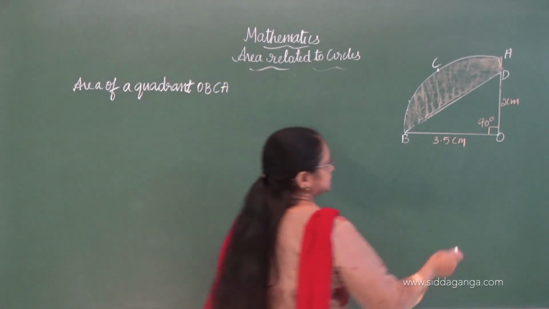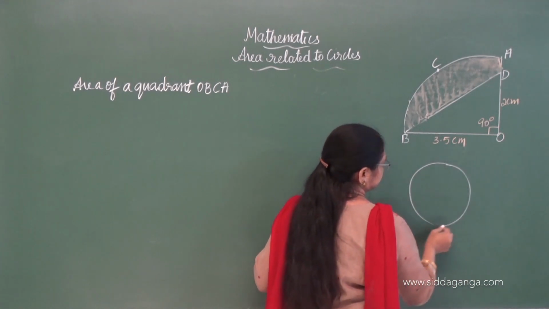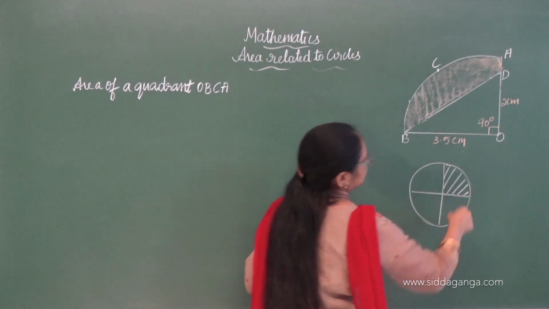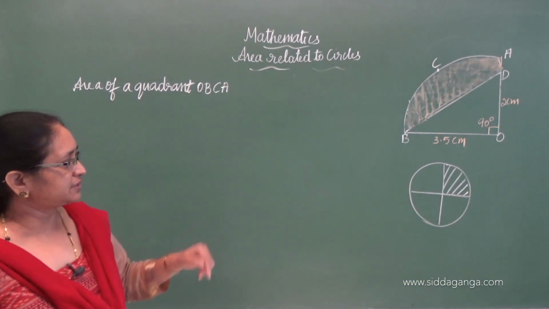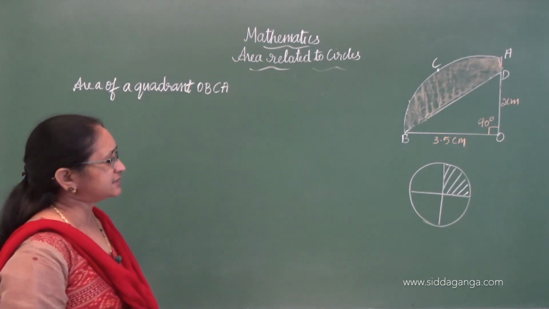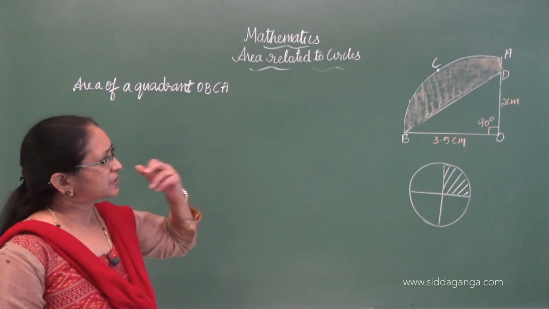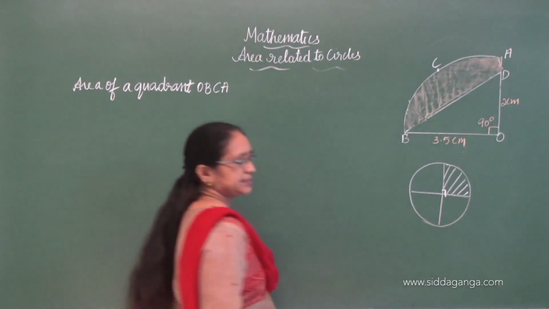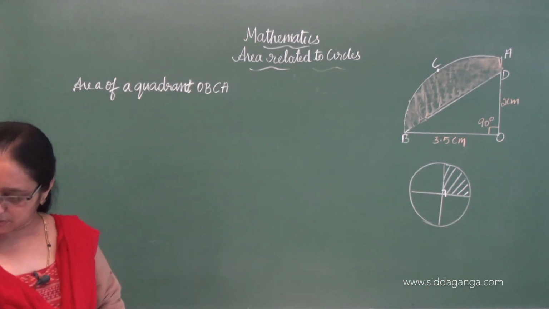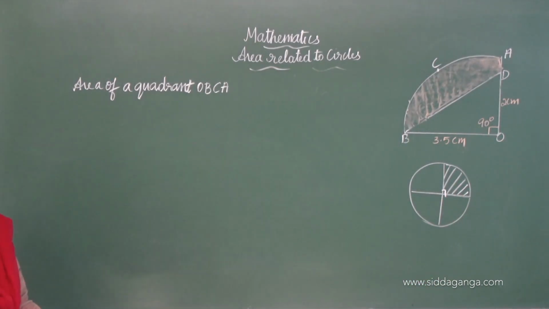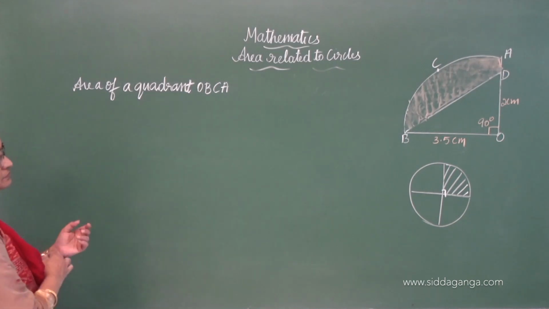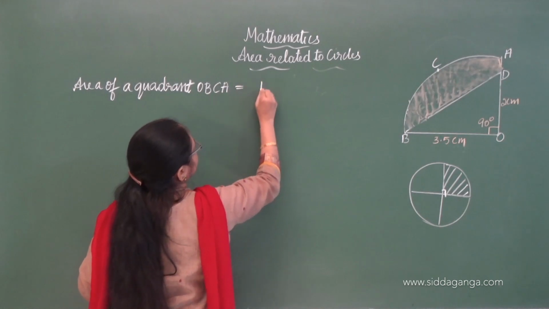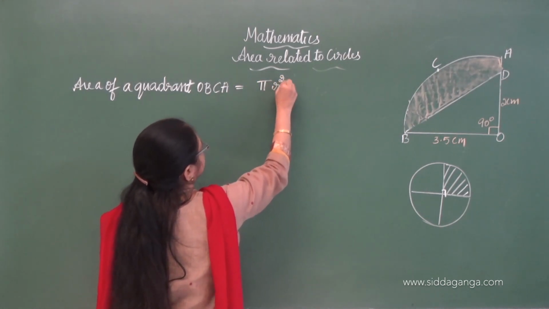Quadrant, once again I am trying to recall, quadrant means one part of a circle if I divide it into 4. But here it is 90 degree, because they have given it is a quadrant, so it is 90 degree, all know this, correct? So let us find out the area of the quadrant first. Area is equal to pi r square divided by 4.